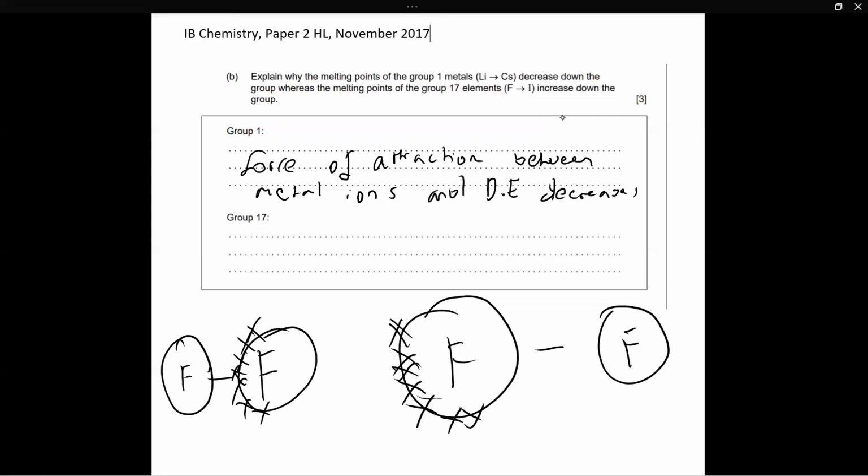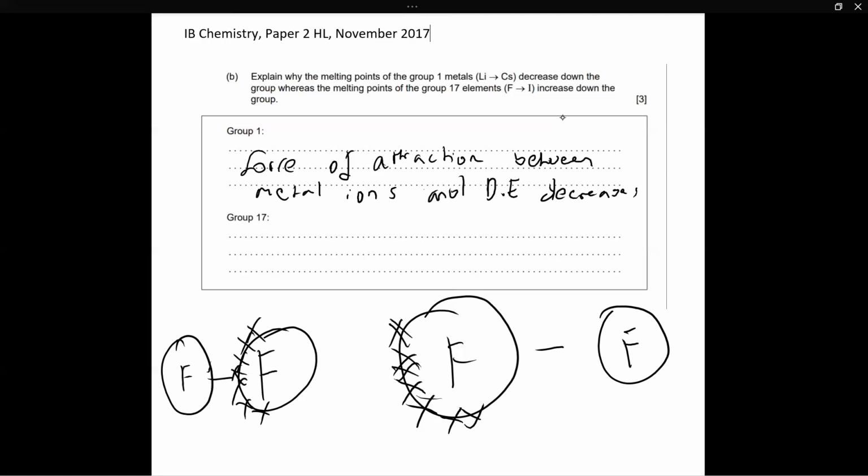Now, when you are at the top of group 17, like fluorine, fluorine is a very small atom. It doesn't have many electrons, and it has a smaller mass. It's not as heavy as iodine, and it has fewer electrons as well. So the chance of this phenomenon happening, where all the electrons gather on one side and there's a slight positive charge on the other side, and likewise a slight negative charge on another atom, is smaller because it has fewer electrons.